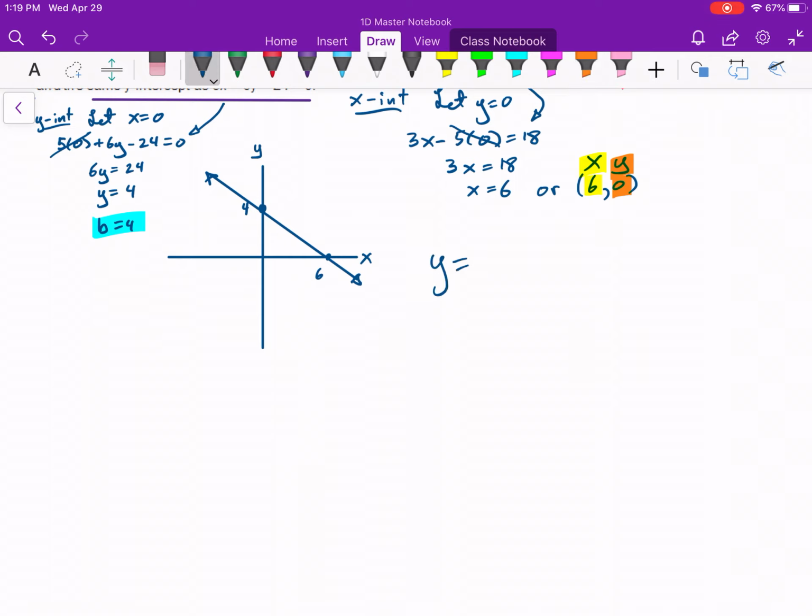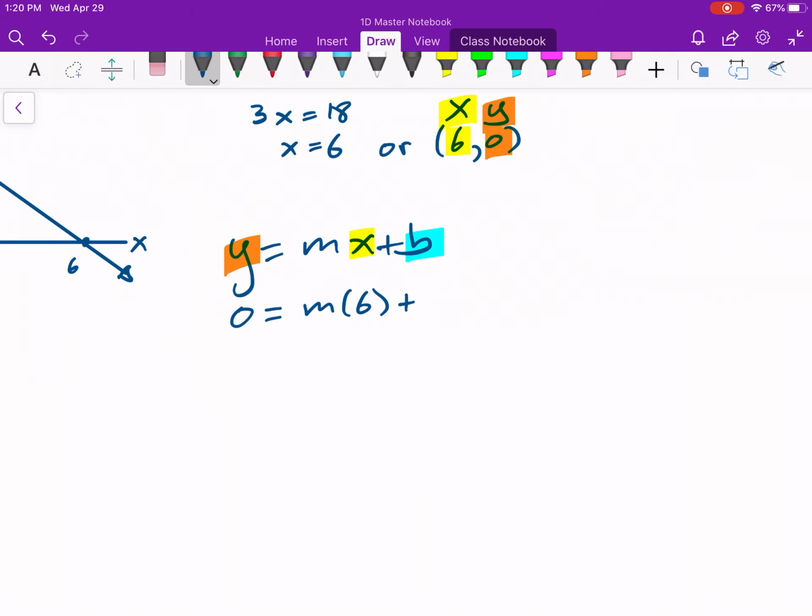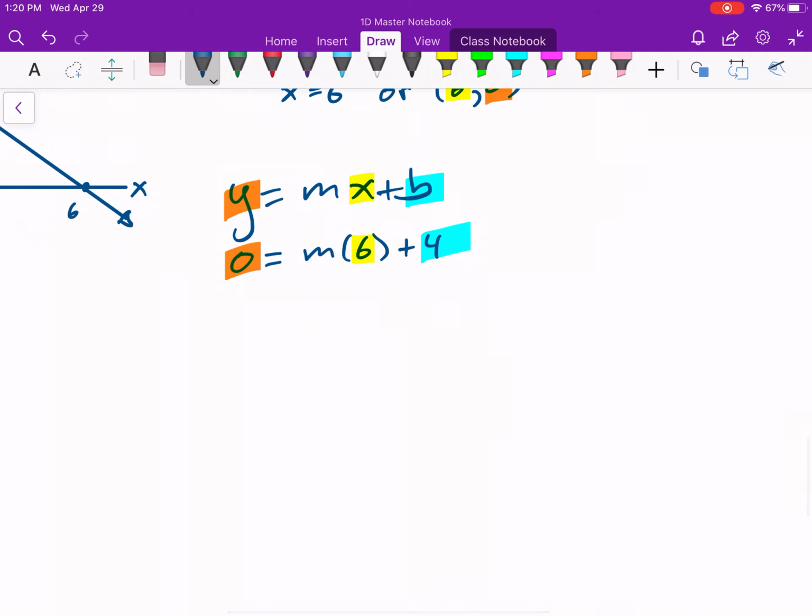y equals mx plus b. Okay, fill in what we have. 0 equals m times 6 plus 4. Rearrange to solve for m.